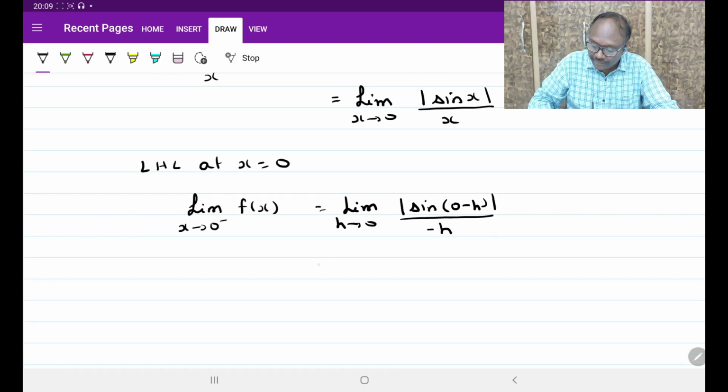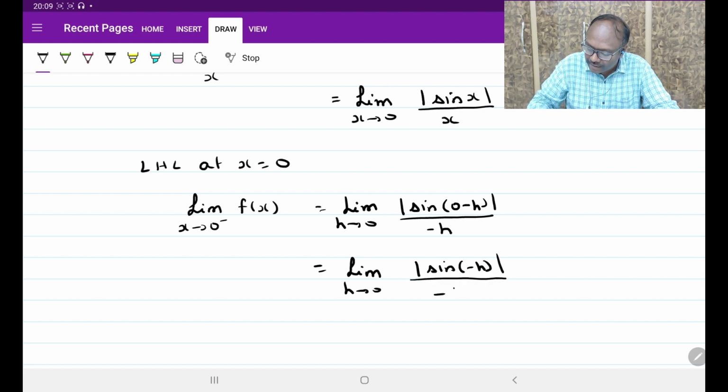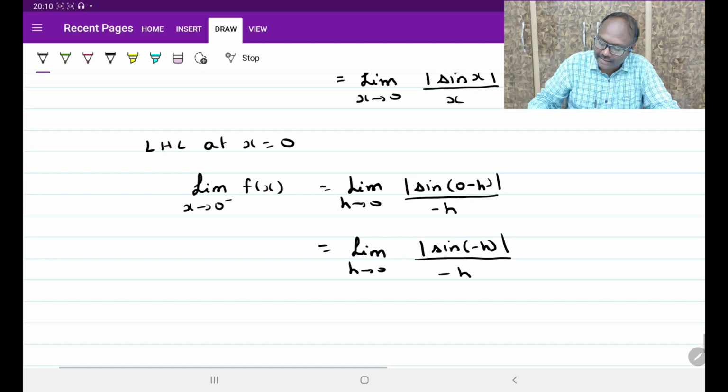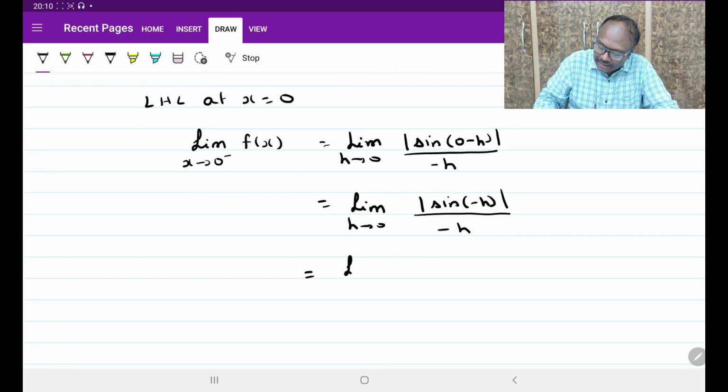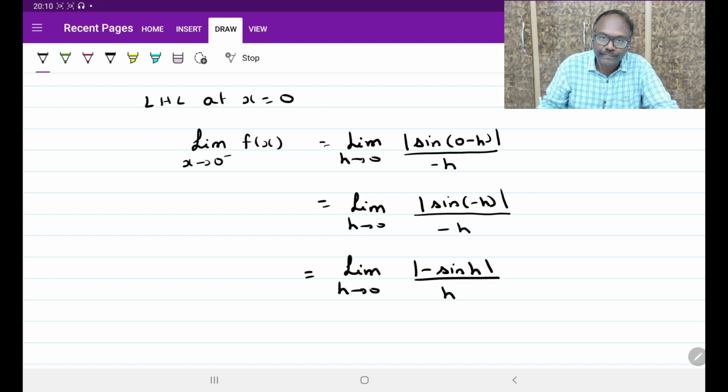So this is equal to limit h tends to 0 modulus of sin of minus h divided by minus h, and sin of minus h is minus sin h, because sin is an odd function. So we get limit h tends to 0 modulus of minus sin h divided by h.